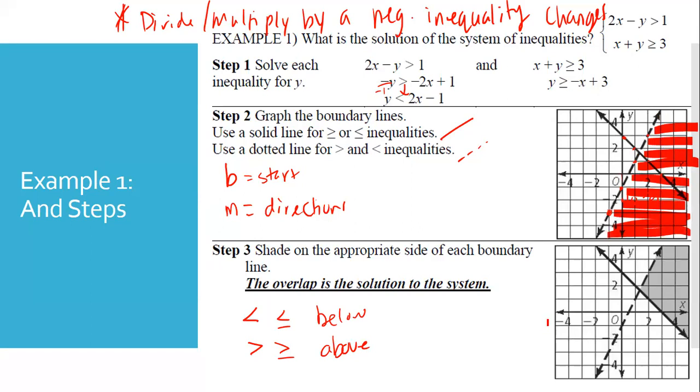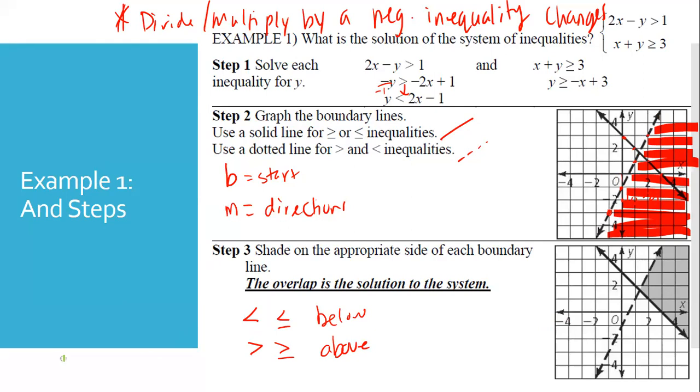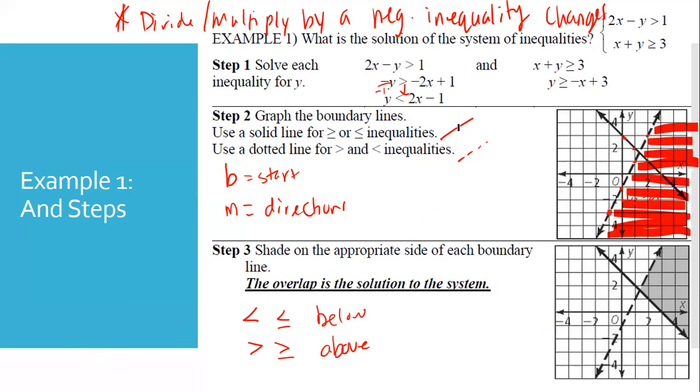On to the next one, I'll do blue. It says y is greater than or equal to negative x plus 3. When it's greater than, I'm going to shade above the solid line.